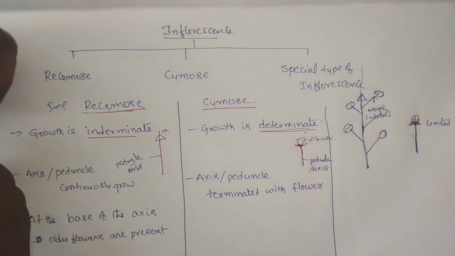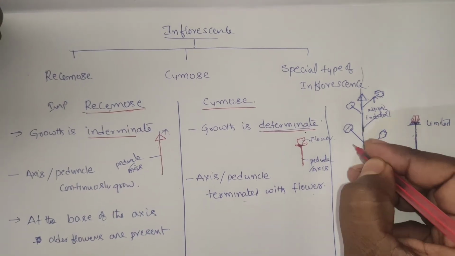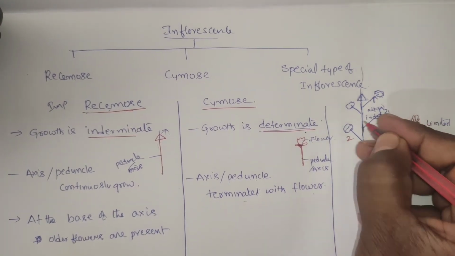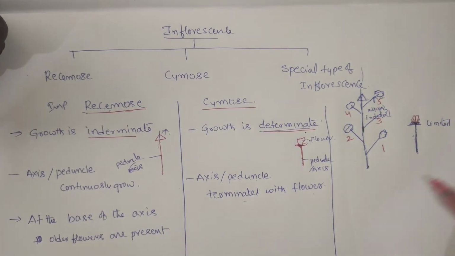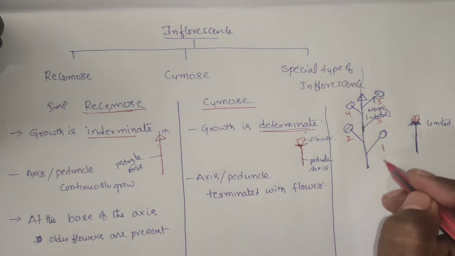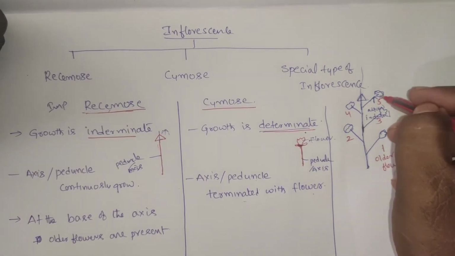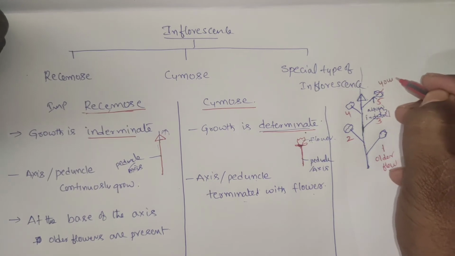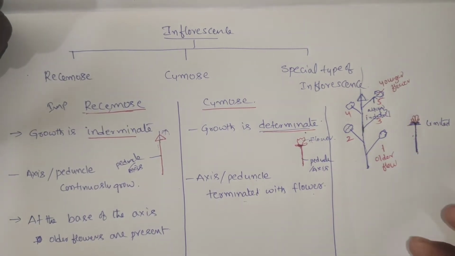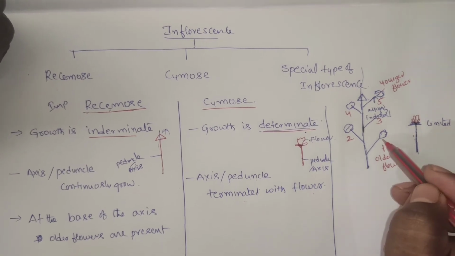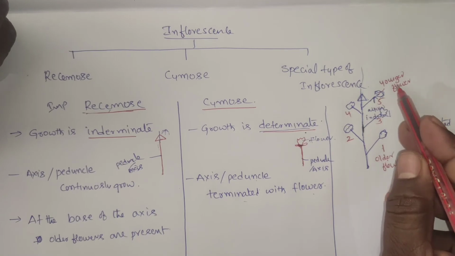This is flower number 1, flower number 2, flower number 3, flower number 4, flower number 5. Among all these, flower number 1 is the older flower and flower number 5 is the younger flower.